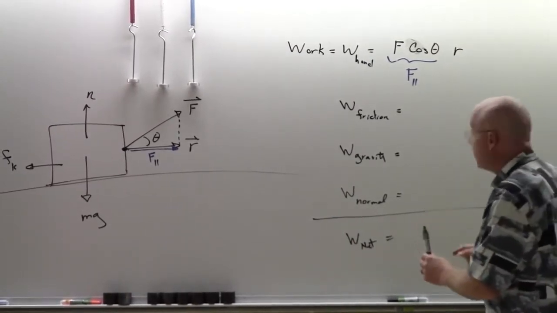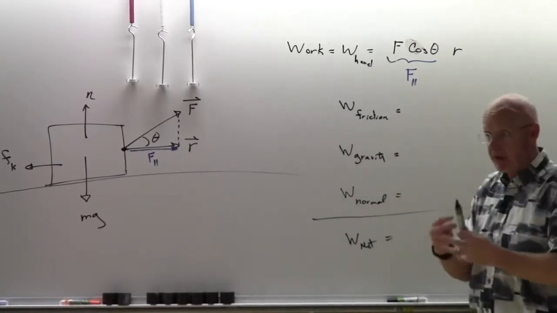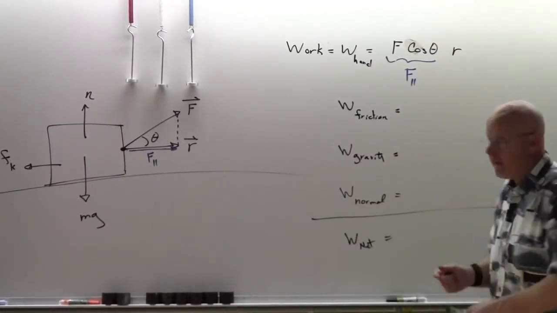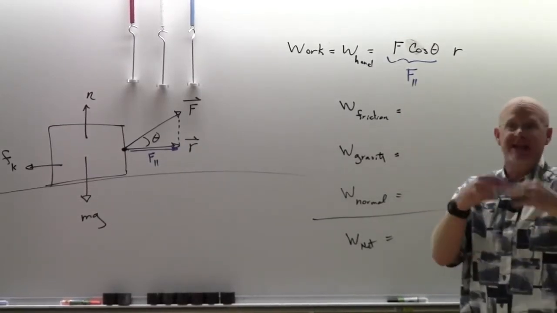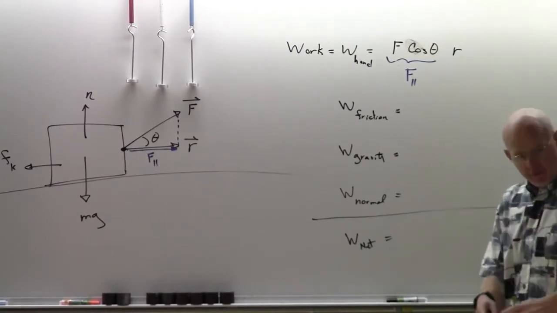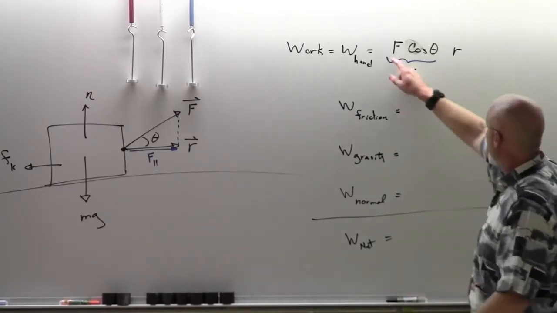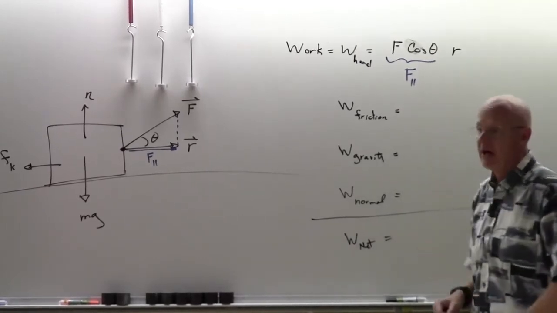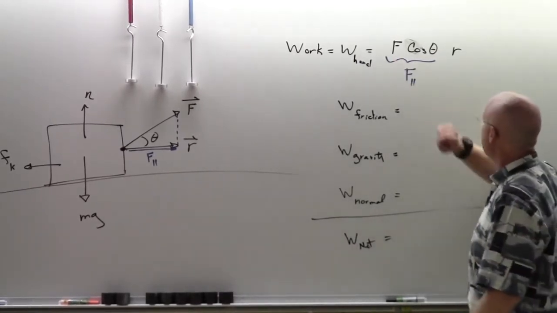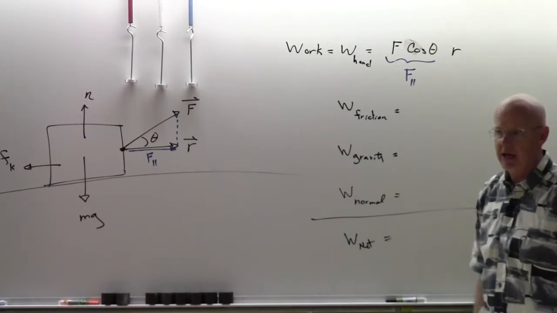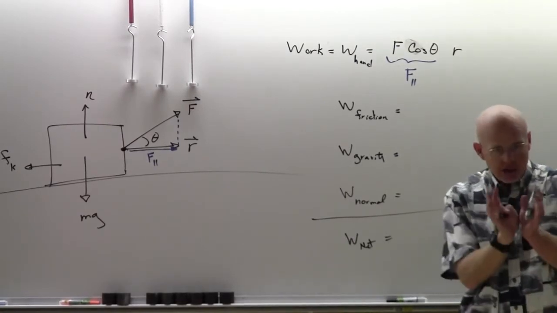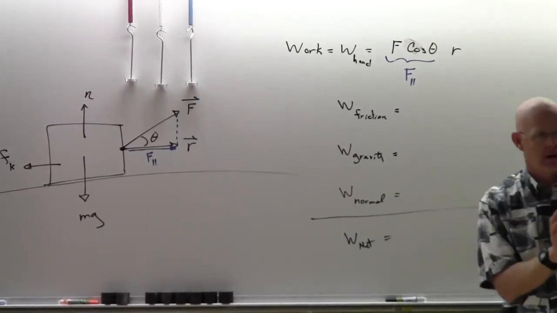If I call to the right positive, that's positive and that's positive. You multiply together, it's positive. If I call to the right negative, well, that's negative and that's negative. You multiply that together, you get a positive. And of course, what I really want you to see is I've got a positive times a positive times a positive, or I have a negative times a positive times a negative. And you notice I'm focusing on the angle there.